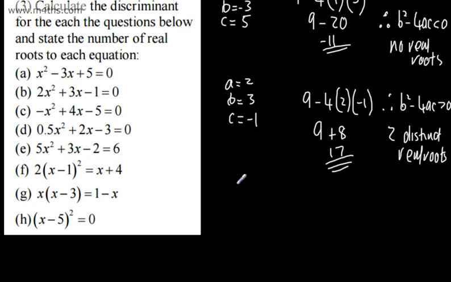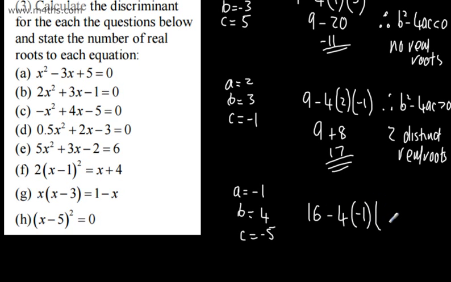Let's do the next one. We've got a is equal to negative 1, b is equal to positive 4, c is equal to negative 5. So b squared, 16, minus 4 multiplied by the negative 1 multiplied by the negative 5.